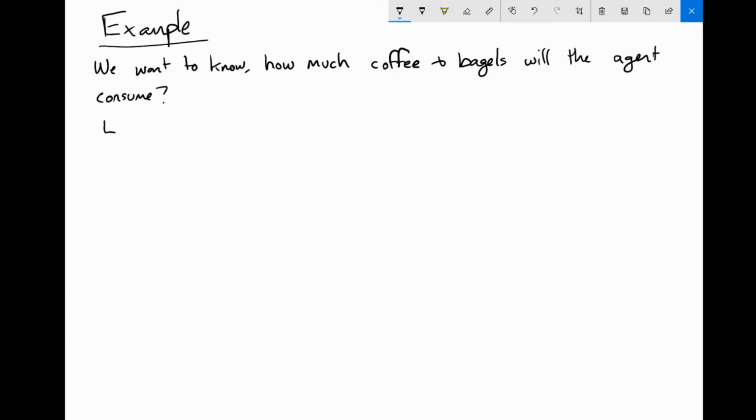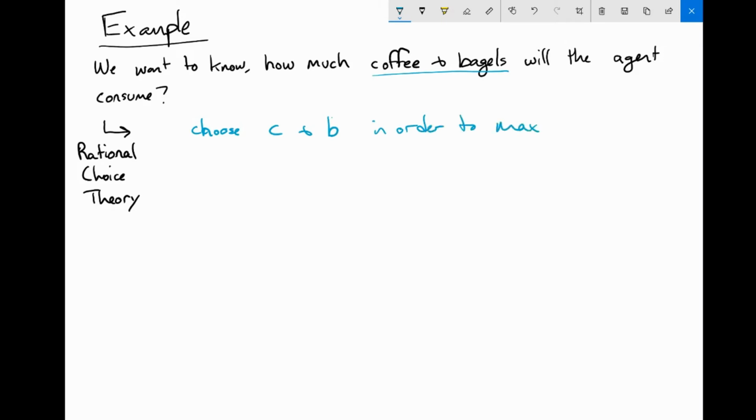How would we go about knowing that? We assume, according to rational choice theory, that the way an agent makes this decision, the way they choose the number of cups of coffee and bagels, is that they choose C and B in order to maximize their utility.